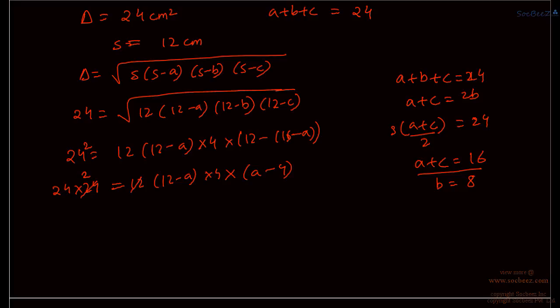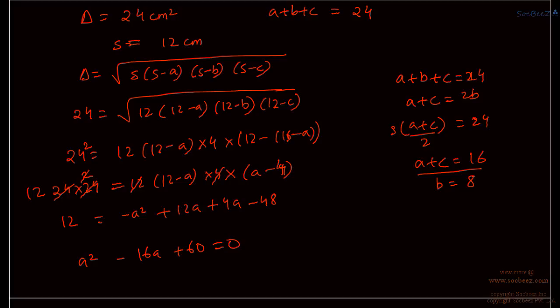The 12s cancel and we get a square minus 16a plus 60 equal to 0.